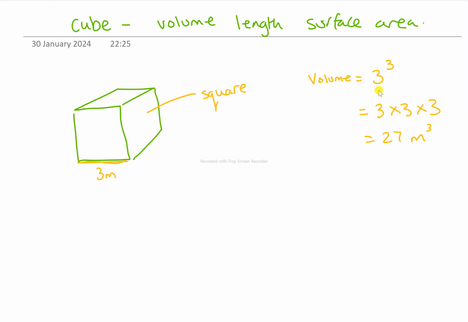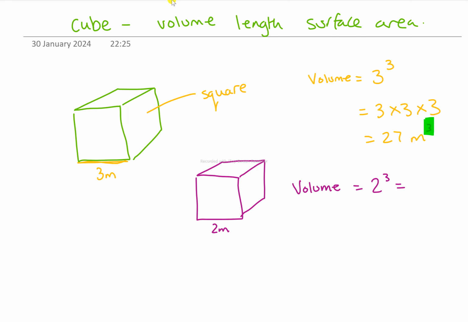So watch this. That's a 3 cubed. Let's do another one. Here is the volume. That is 2 meters. What is the volume? You do 2 cubed, which is 8 meters cubed.